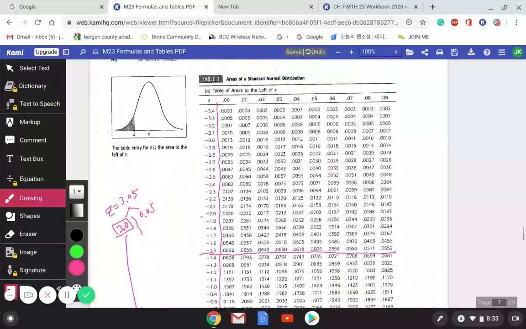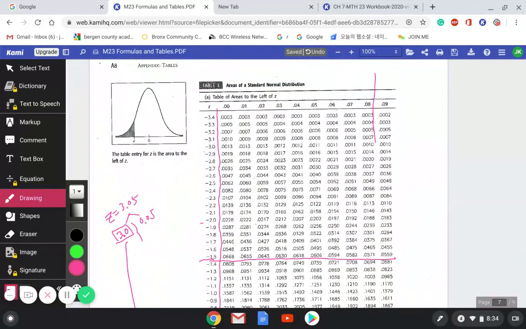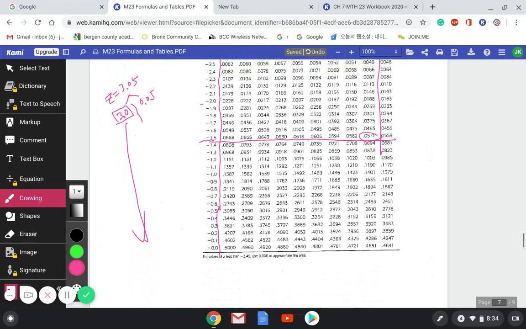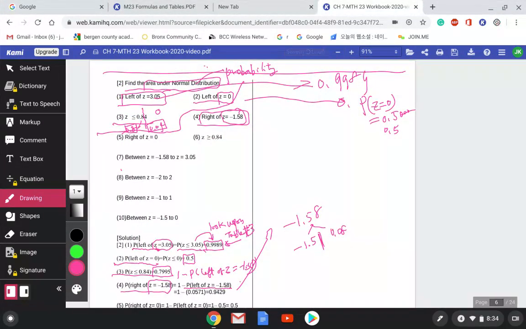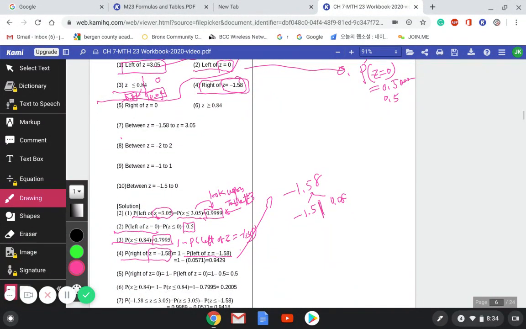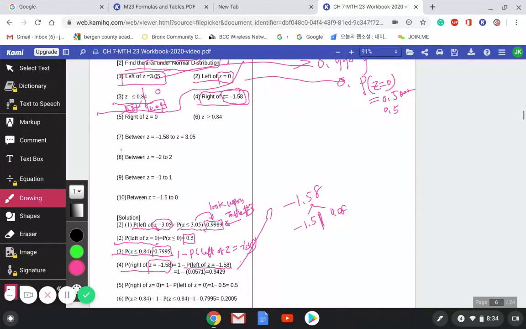It was 8. So 0.08 is 0.0571. Okay, 0.0571. So the probability of the left side that we found was 0.0571.